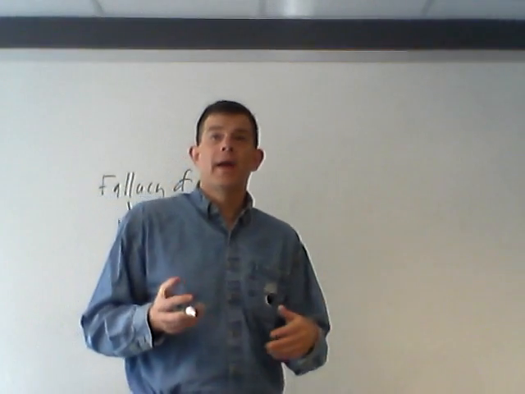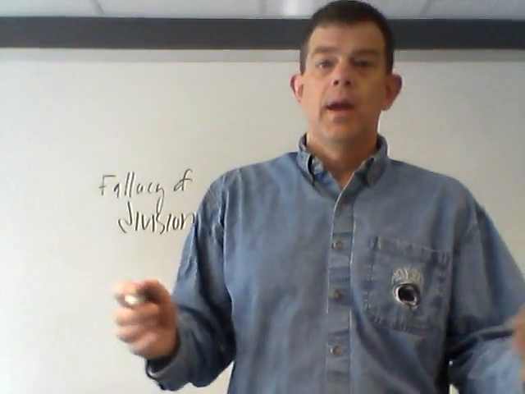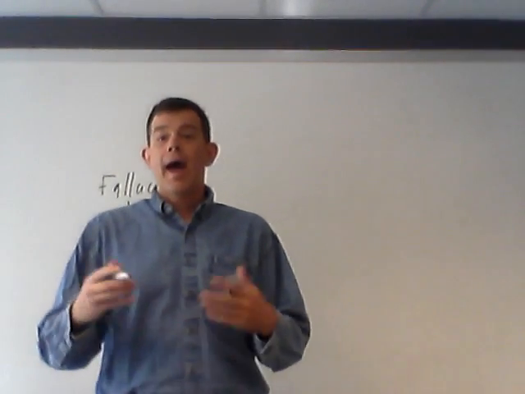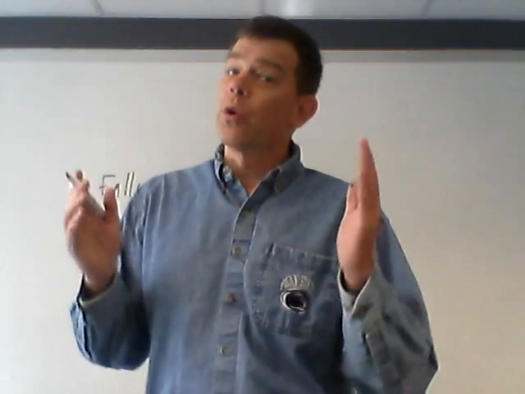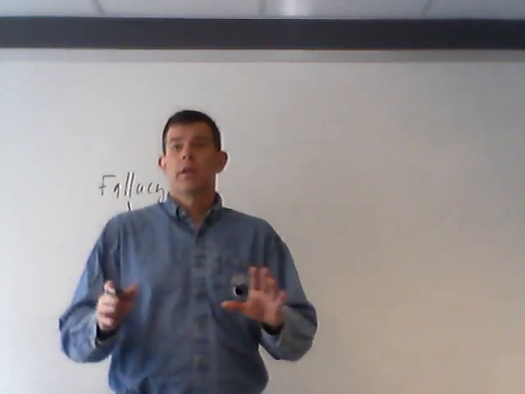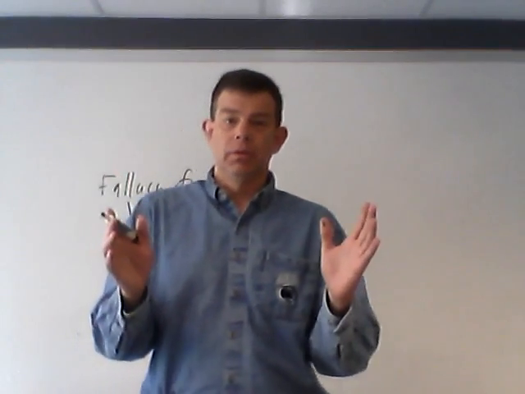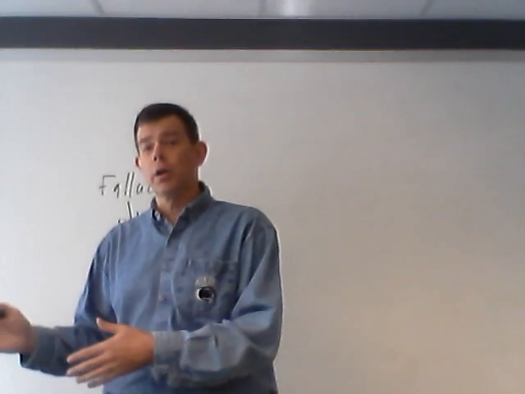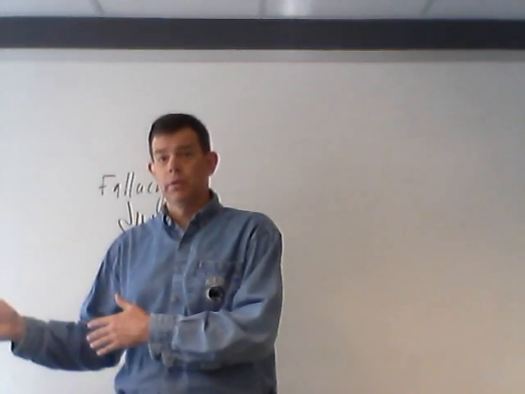Human beings are made up of atoms. Therefore, I'm made up of atoms. Atoms are invisible. Therefore, I am invisible. Just because I am visible does not mean that my component parts are visible.